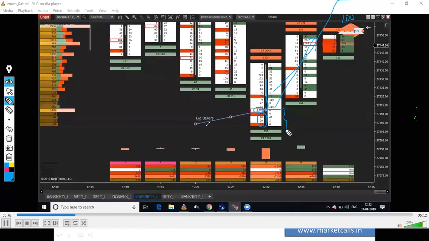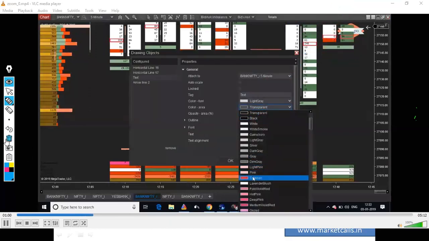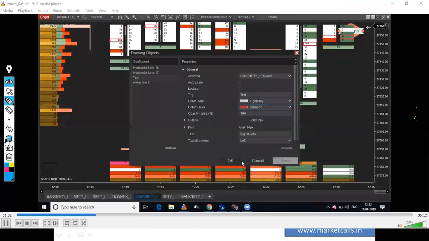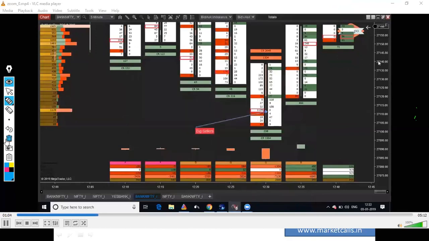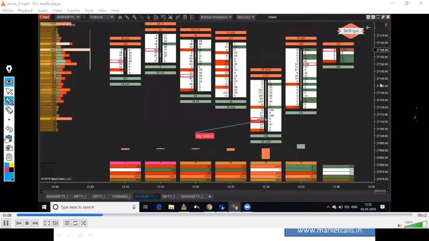If you're faster, you could narrow it down to 5 points. If you are slower and want more confirmation, you can still get it with a 10-point stop in Bank Nifty, which is very, very tight, I would say.